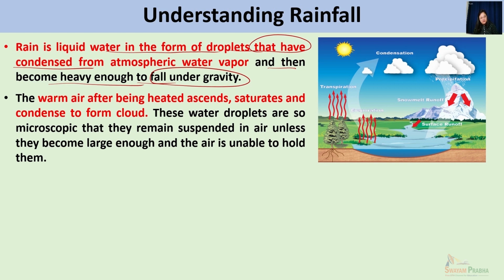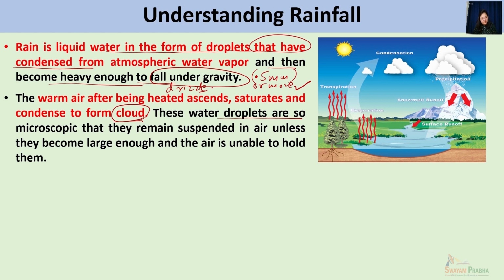So the diameter of the rain droplets must range between 0.5 mm or more, because anything below this is defined as drizzle. So the warm air, after being heated, ascends, saturates, and condenses to form cloud. Depending upon the temperature of the cloud where the condensation is happening, the water droplets are formed.